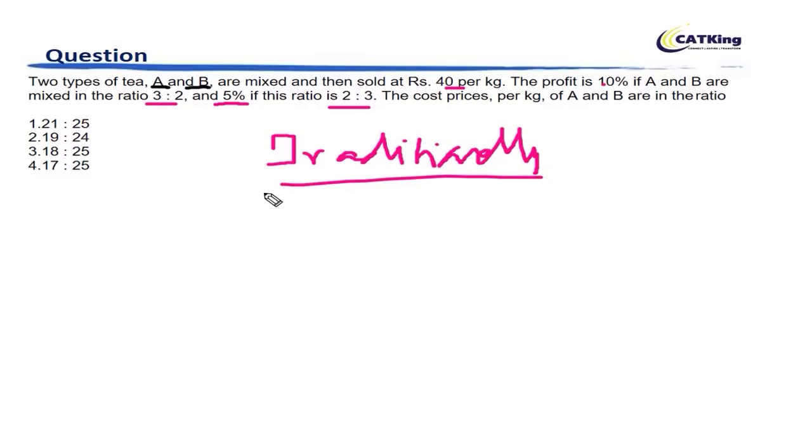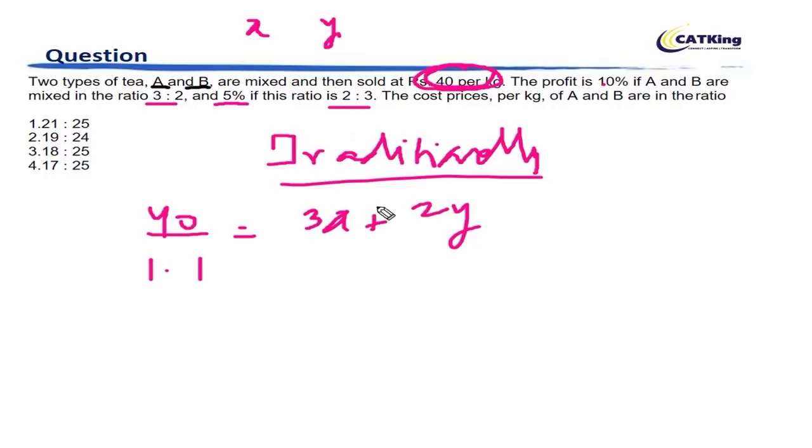Traditionally, if you go about solving this, at 40 per kg, if the profit is 10%, the cost price will be 40 upon 1.1, right? In this case, let's say the prices of A and B are x and y. So they are mixed in 3:2 proportion. So this will be equal to 3x plus 2y.